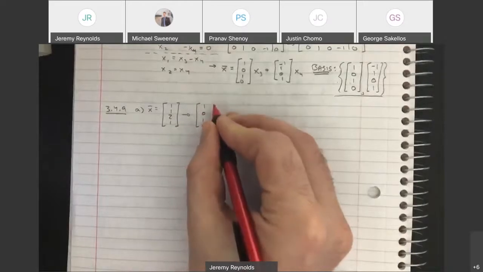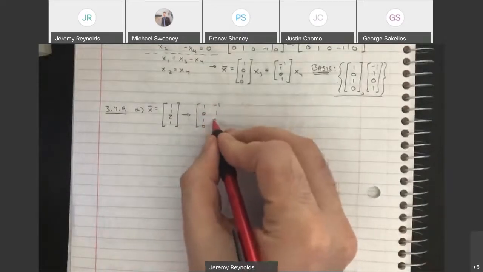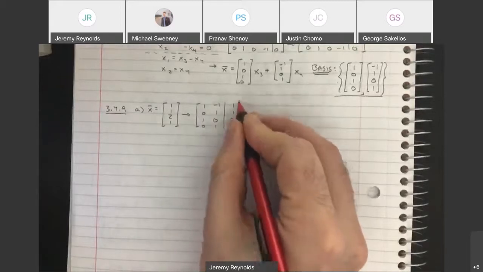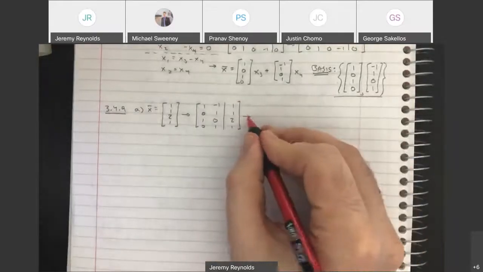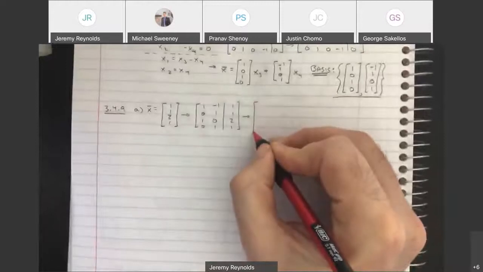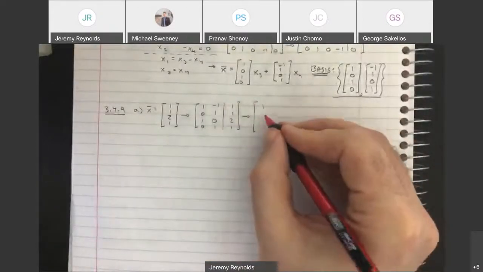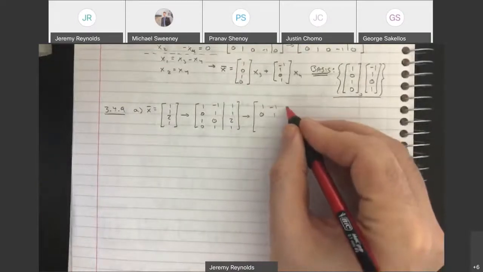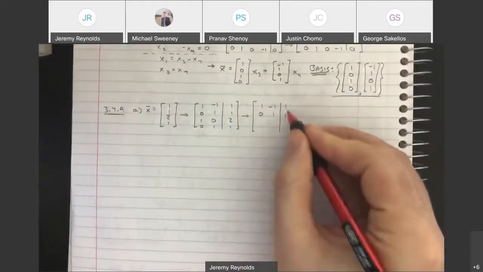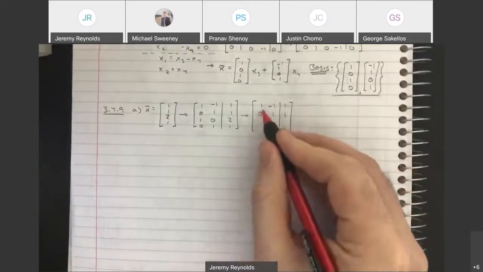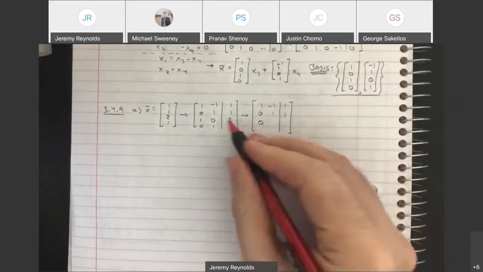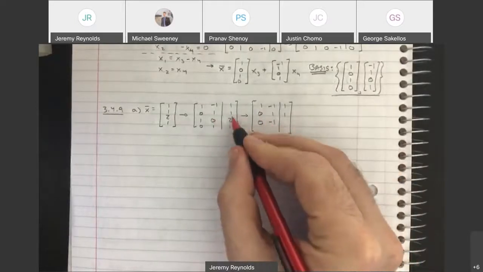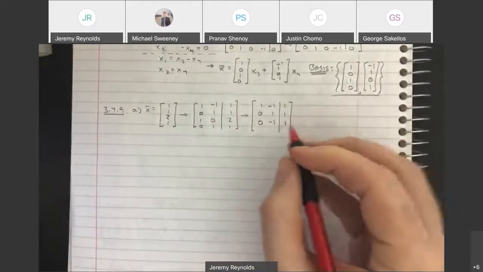So if we just draw out the augmented matrix, and we can solve this augmented matrix, we get 1, 0, -1, 1, 1, 1. And then over here, we're going to get 0, 1, 1 is 1.